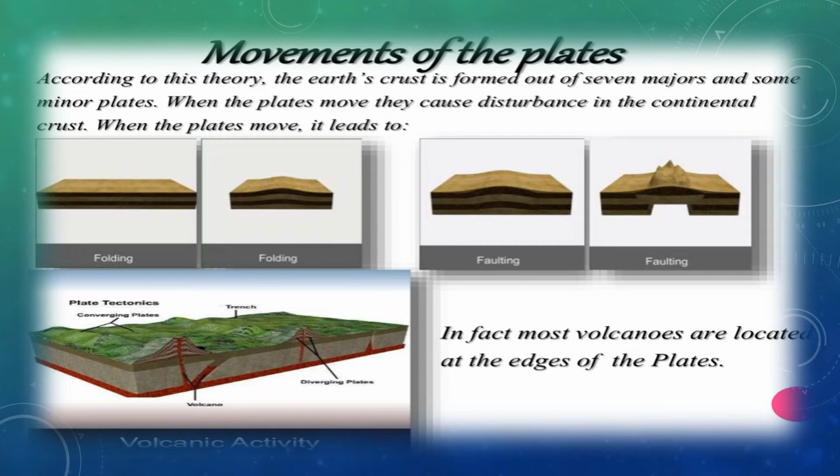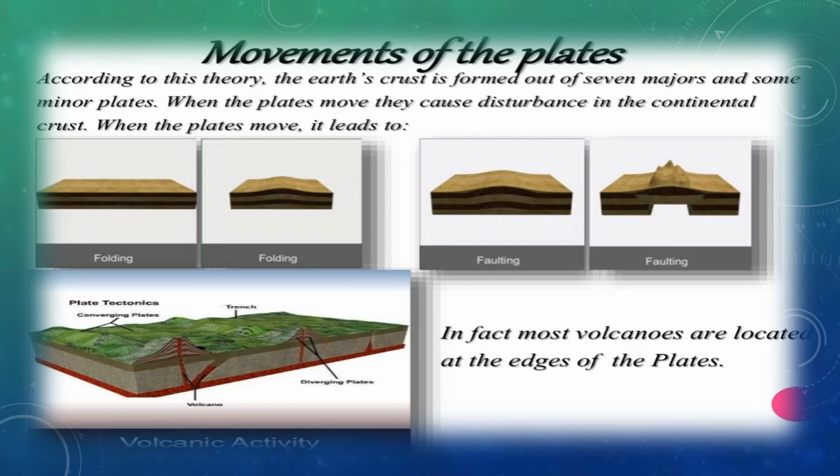When the plates move, it leads to faulting, folding, volcanic activity, earthquakes at some times, because the earthquake hotspots will go on the fault lines. So, the entire continental drift theory is also a result of plate tectonics.